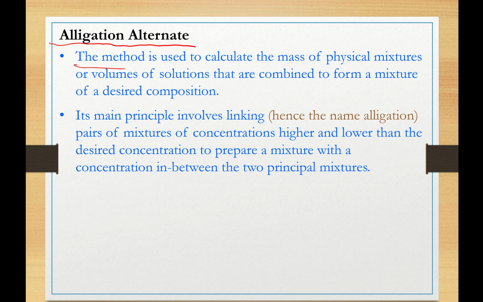So in these cases, you are given the concentrations of the initial solutions and the concentration of the final solution. You are also given the volume of the final solution, and you are asked to calculate, let's say, the V1 and V2, the volumes of the two solutions that are to be mixed to make a solution of a desired concentration.